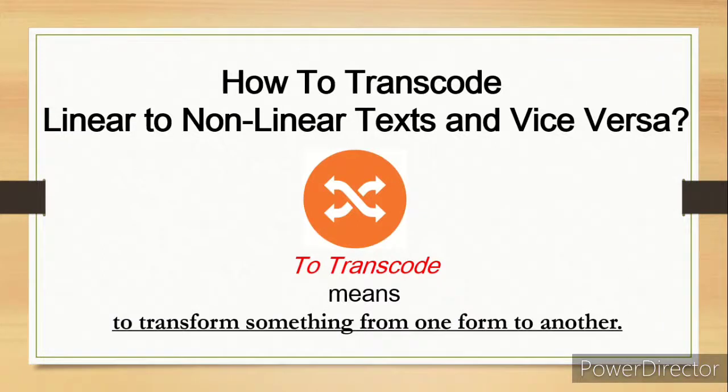In order to transcode a linear to a non-linear text or the other way around, one must first be able to fully understand what the source text is about. This way, deciding on the proper text type to be used in the transcoding process will be easier.